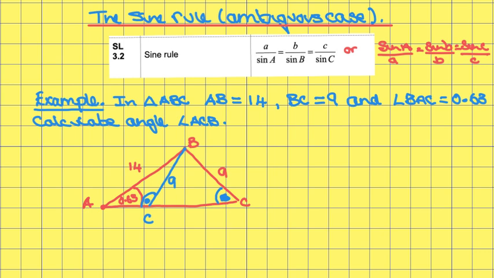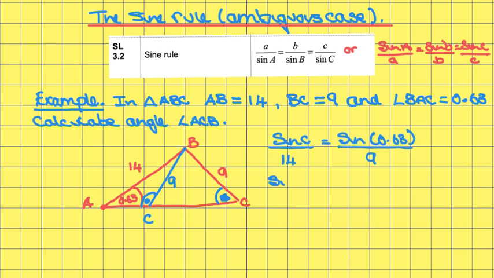So let's use the sine rule to find our missing angle. So sine C over 14 is equal to sine 0.63 over 9.